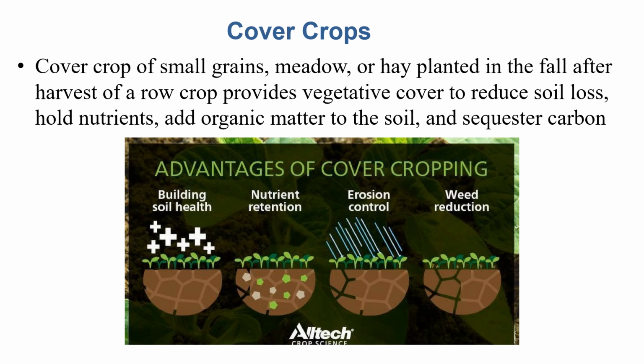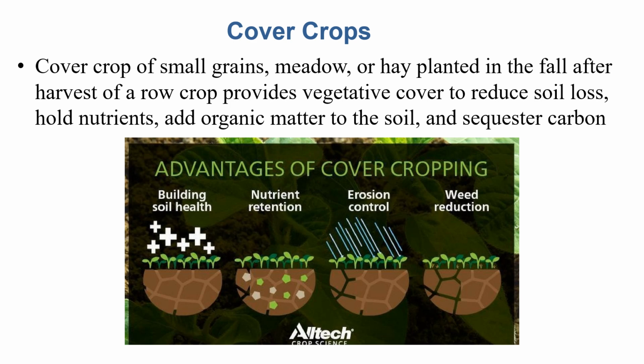We also have cover crops. A cover crop of small grains, meadow, or hay is planted in the fall after harvest of row crops. It provides vegetative cover to reduce soil loss and hold nutrients, add organic matter to the soil, and sequester carbon.